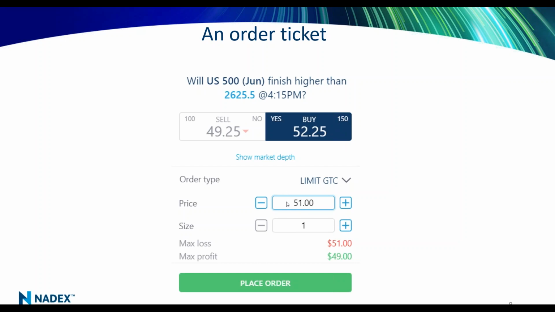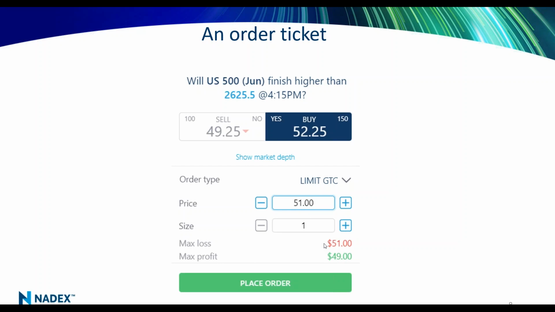But let's walk through this. If I were to pay 51, I put a bid in for 51, I think there's a 51% chance that the S&P 500 will settle above 2625.50 by the end of the day. If I bought it, since I paid 51, that's the most I can lose. And notice how we give you the maximum loss right on the ticket.